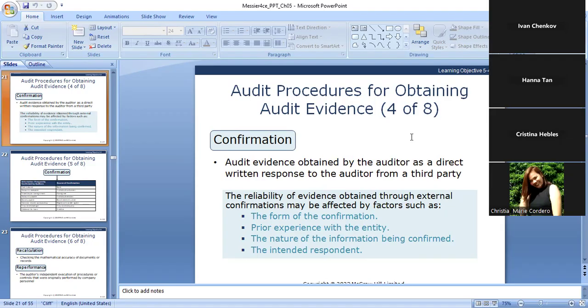And always come from the presumption that if you let the client choose to whom to send the confirmation of account balances, the client is always going to choose the one who's going to give correct information, or the information that the client needs.